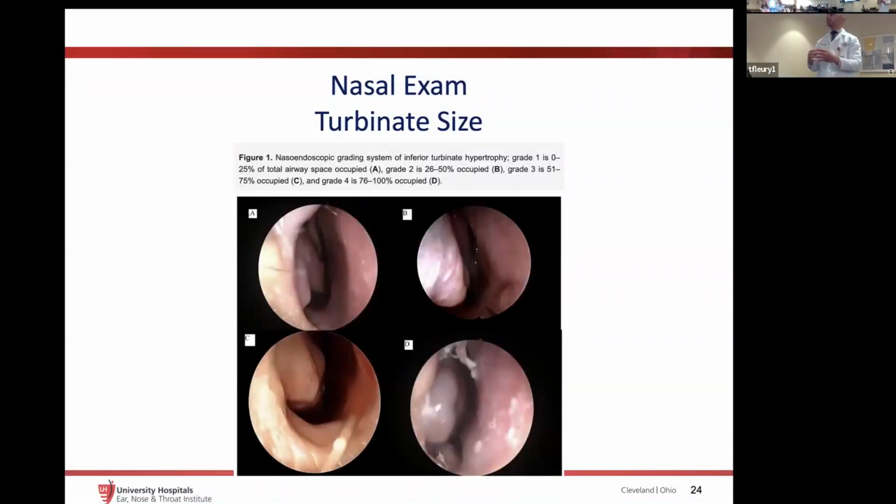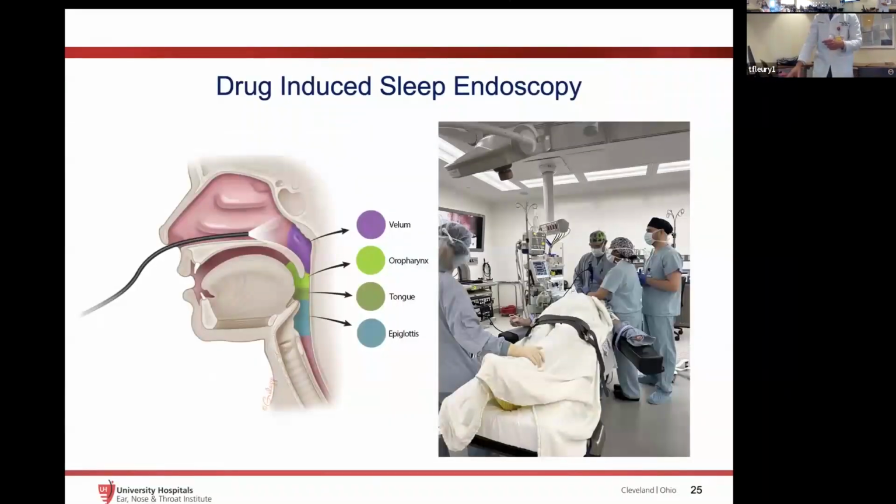They're responsible for creating airway resistance, but for different reasons, they can become overly enlarged and obstruct the airway. So we'll classify from grade 1 to 4 how much they are occupying and obstructing the nasal airway. Let's specifically talk about drug-induced sleep endoscopy.